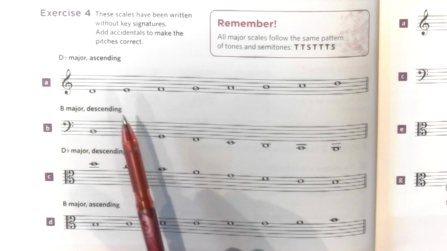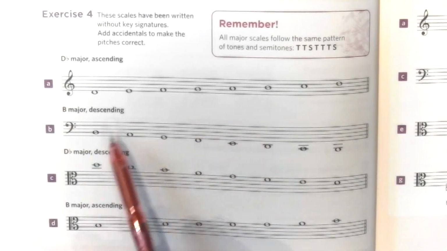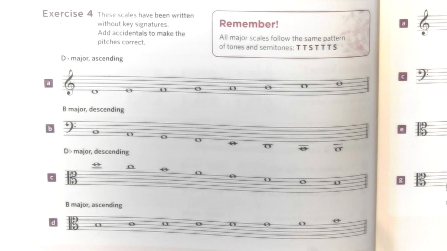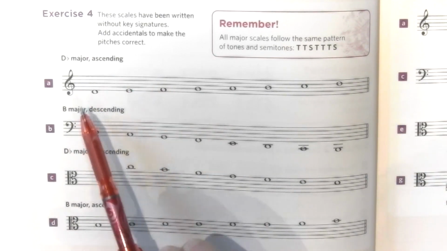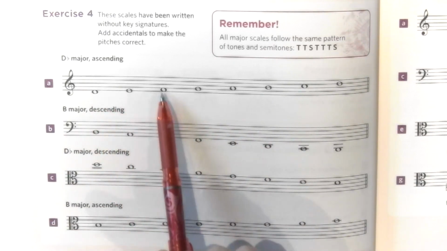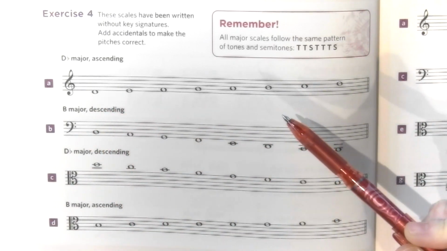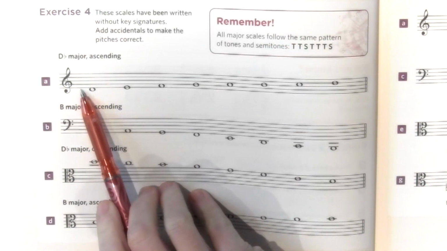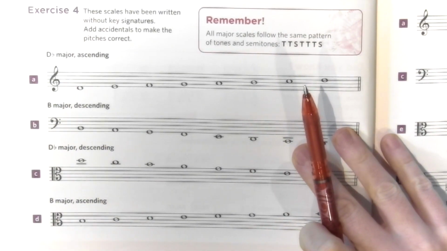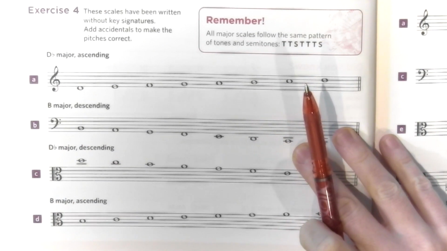In exercise 4, we have scales already written, but without the accidentals. And they ask us to write the correct scales by adding the accidentals to the notes without the key signature. Don't panic. This is easier than you think.